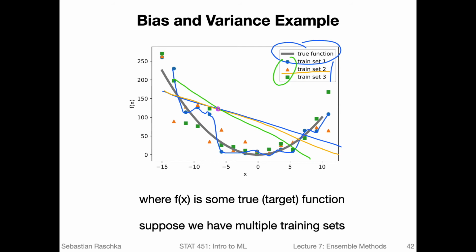If the predictions differ a lot, then we have a high variance. For example, if we have a very complicated decision tree for the orange case here, these predictions will be very different from the blue predictions, right? And for the green one, we again have different predictions.